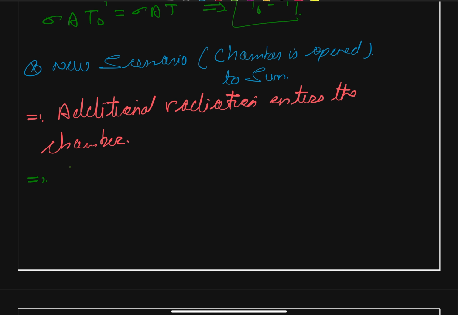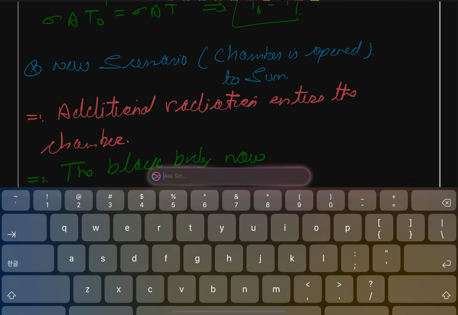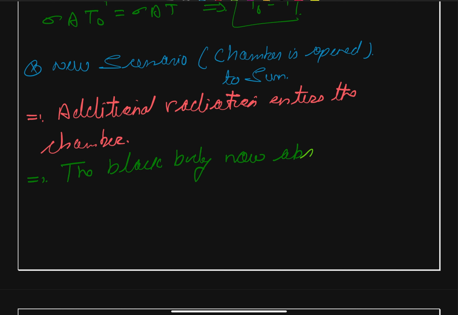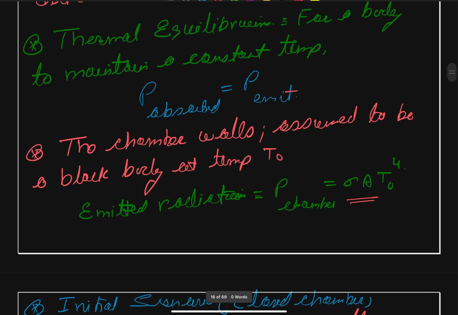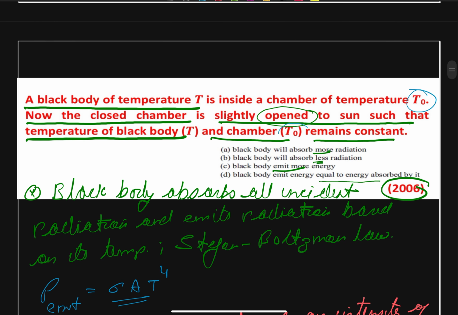Therefore, the black body now absorbs, first, radiation from the chamber walls, and the chamber wall temperature is still at T naught. There is no change in the temperature.